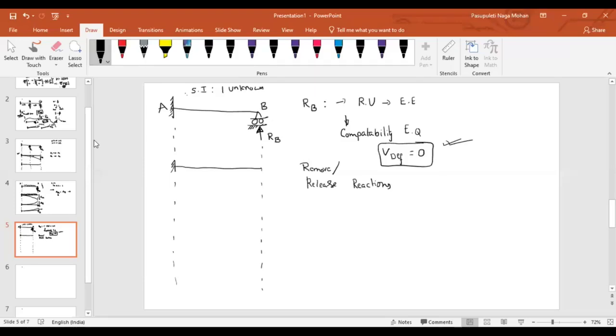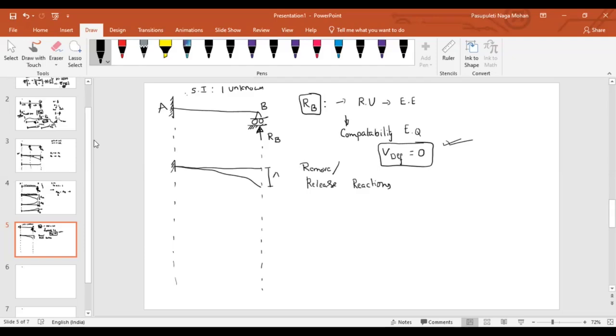What is the one unknown that we have selected? RB. So first of all, release it. If you release it, ultimately the deflection is going to happen, right?